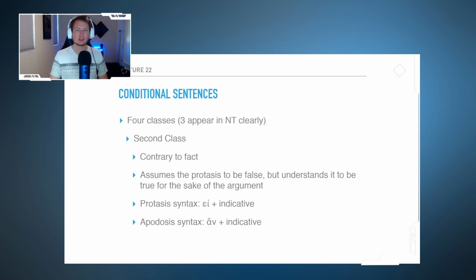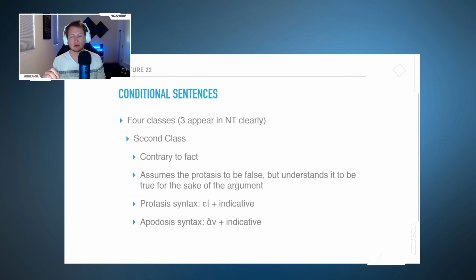Secondary, this is the contrary to fact. What that means is it assumes the protasis to be false, but it understands it to be true for the sake of the argument. So we know this is false. This is probably better than the example I just used because we know it's false.